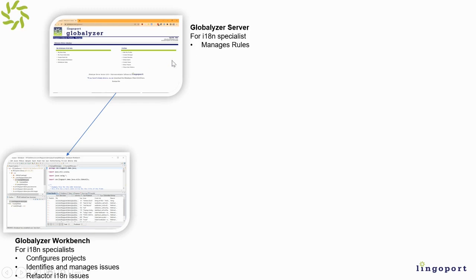Globalyzer is made up of a server and a number of clients. The server holds the rules, which is the way that the code is going to be analyzed for Java, C#, and so on. And the workbench is one way to configure how to scan the code, but also refactoring the code and so on.